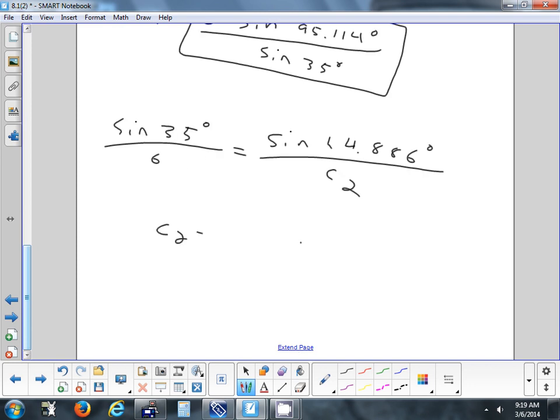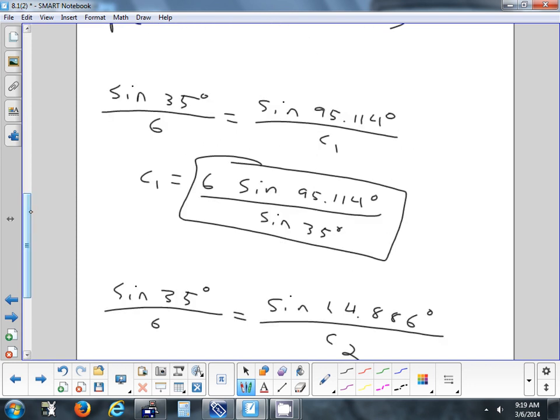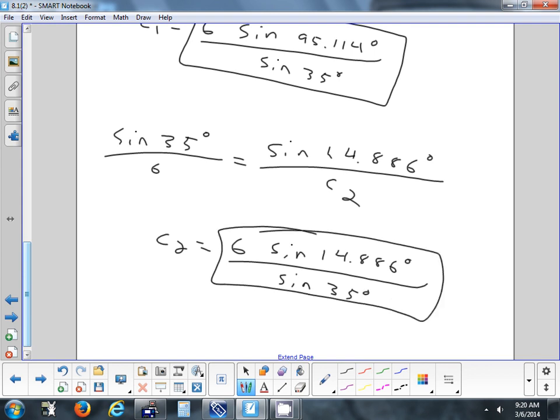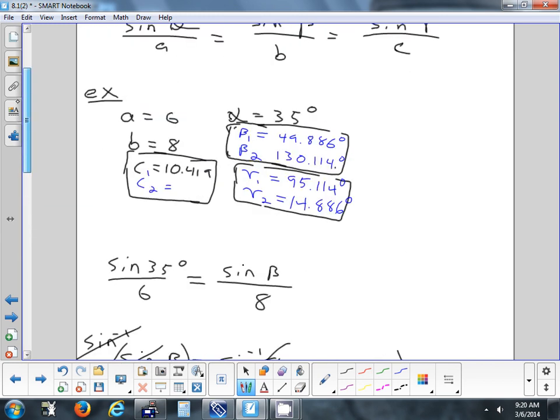Okay, so using the same kind of pattern we had up above, it's exactly the same thing, except instead of having a 95.114, you have a 14.886 in its place. So 6 sine 14.886 over sine 35. It's 2.687.